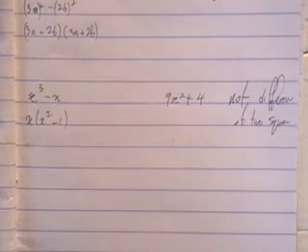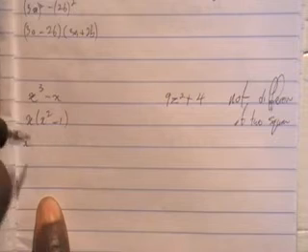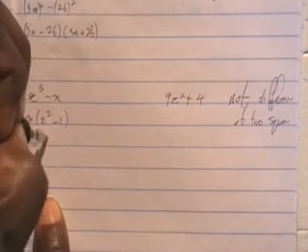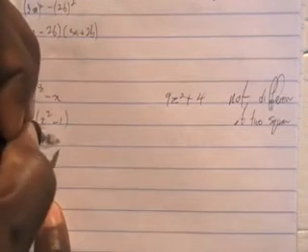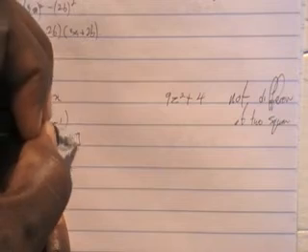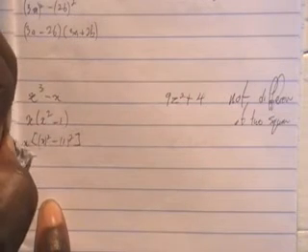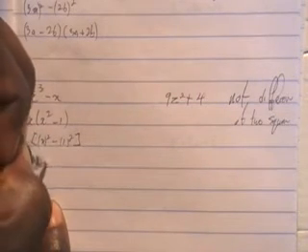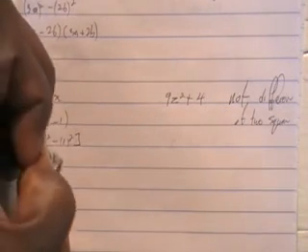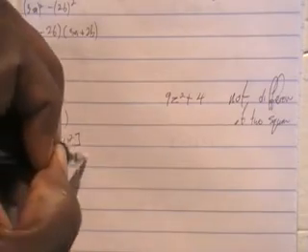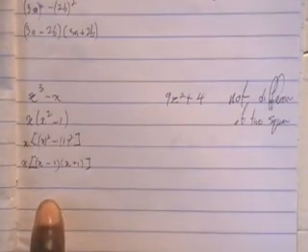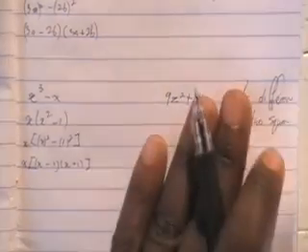What do you have in there? x squared minus 1 is a difference of 2 squares. So we solve the inside by leaving our x outside. This becomes x squared minus 1 squared, and this will be x outside, square bracket, x minus 1, x plus 1. So yes, it is a difference of 2 squares.